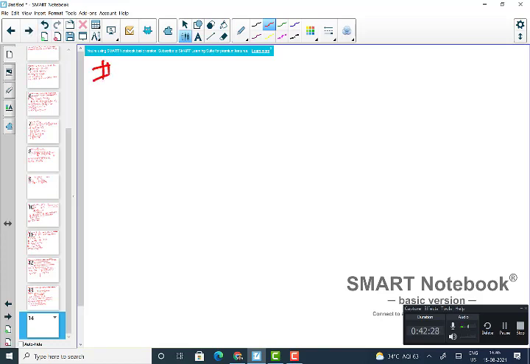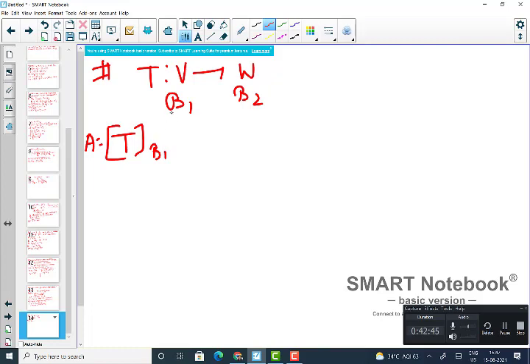If we have T from V to W, and you know that the basis of V is B1 and the basis of W is B2, then the matrix will be, say, A of this form from V to W. If you want to find the matrix representation of T inverse, T inverse means W to V, so it will be with bases from B2 to B1.